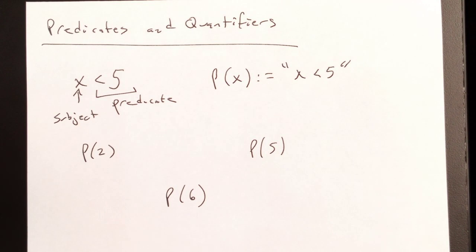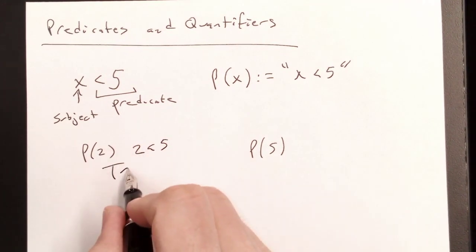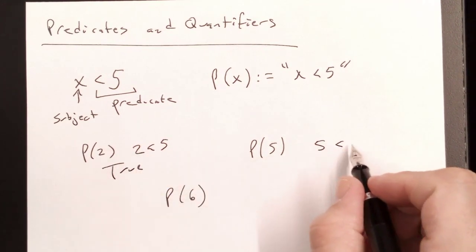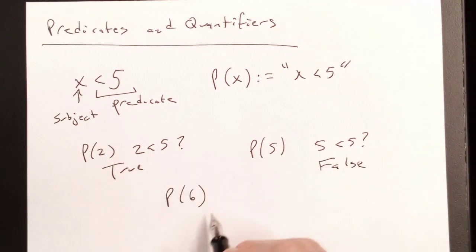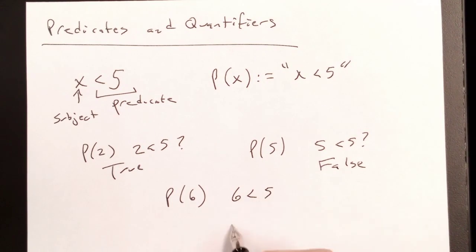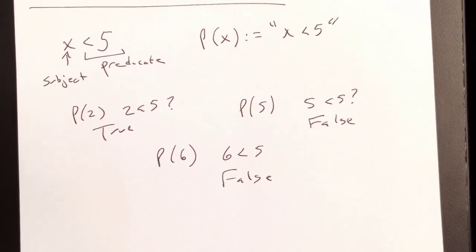P of 5, because that's a strictly less than. So I have truth values for a propositional function based on the value assigned to the propositional variable.